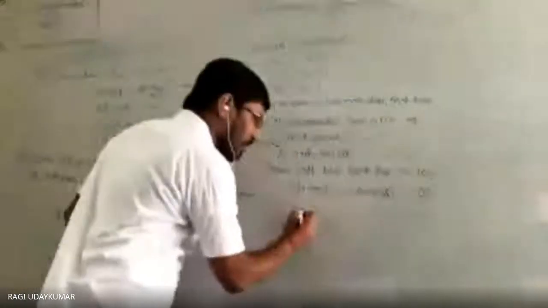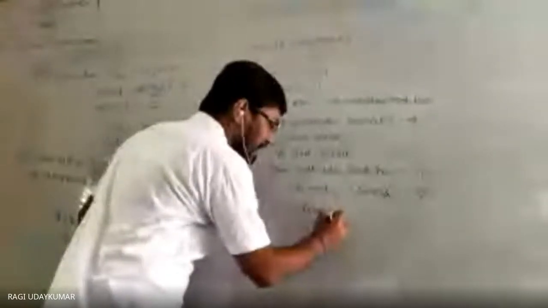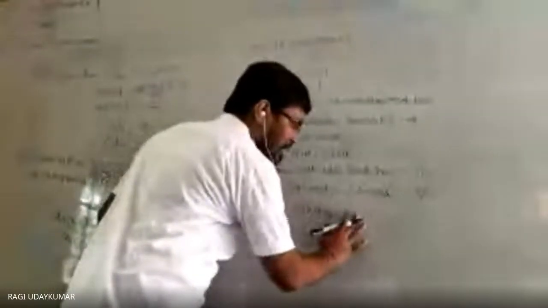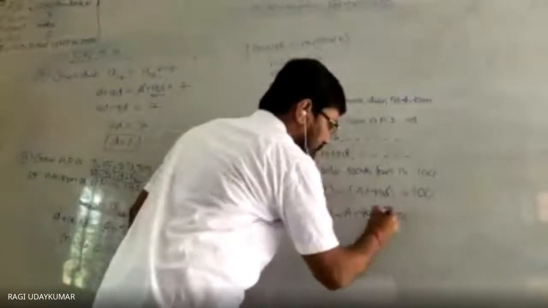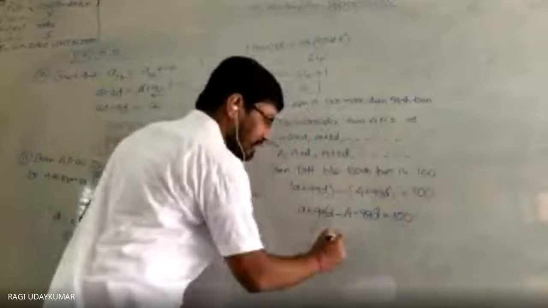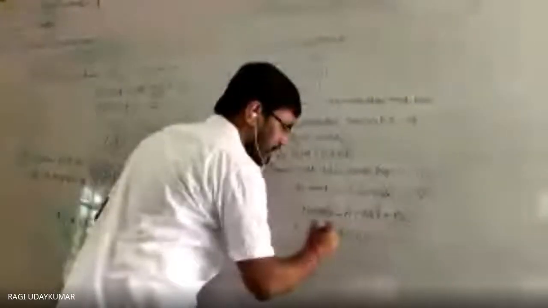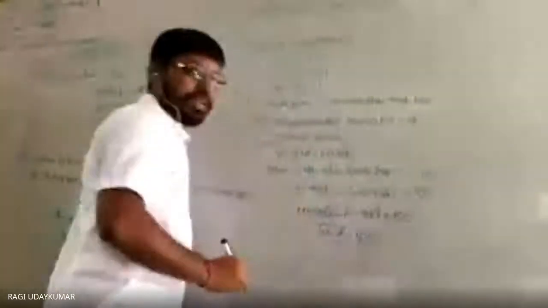So what do you get here? a plus 99d minus capital A minus 99d is equal to 100. So 99d will get cancelled. a minus A is equal to 100. This one you take. And now the question is asking you the difference between their thousandth terms.